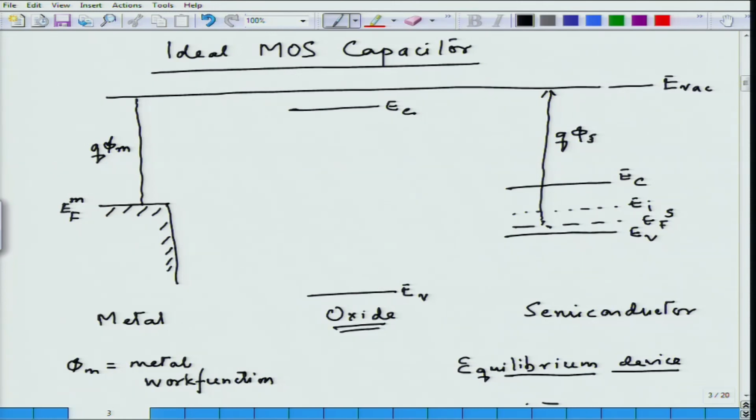So, when I try to bring these together, we know in equilibrium that Fermi levels should align. Now, in order to make an ideal MOS capacitor, I am going to put the requirement that the work function for the metal is equal to the work function of the semiconductor. So, the Fermi levels of the metal and the semiconductor are already aligned.